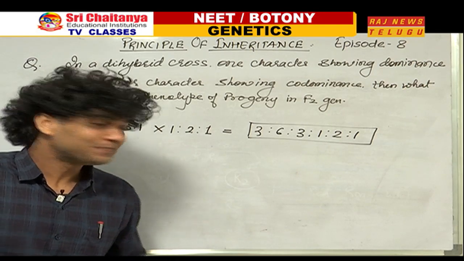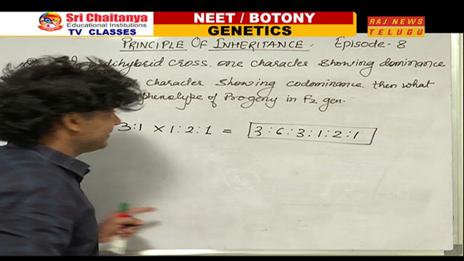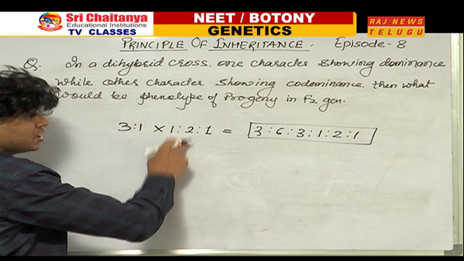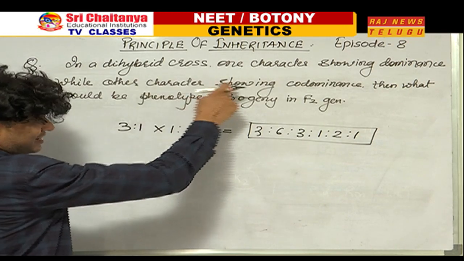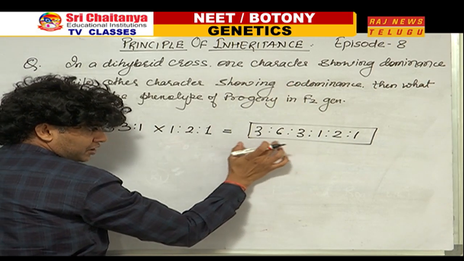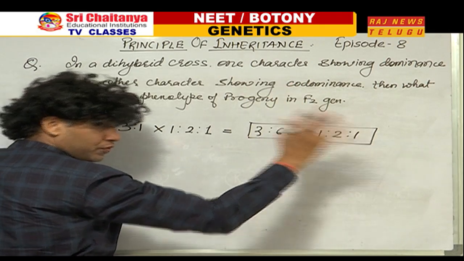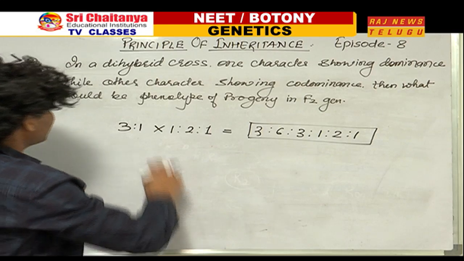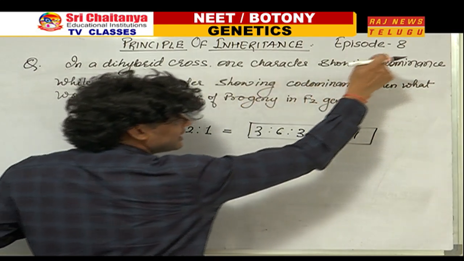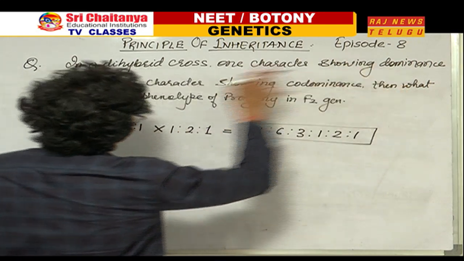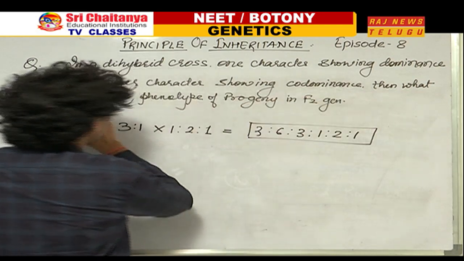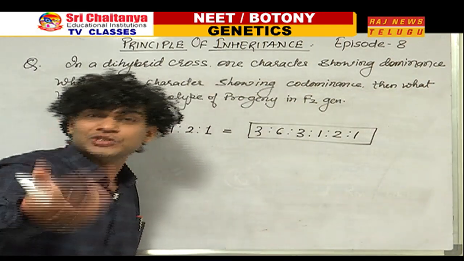dihybrid cross. So answer for this question, that in an F2 generation of the dihybrid cross, the phenotypic ratio for this condition where one character showing dominance and second showing codominance, answer would be 3:6:3:1:2:1. But suppose in this question I mentioned, in a dihybrid cross, one character showing incomplete dominance while the other character showing codominance, then what would be the phenotypic ratio of the F2 progeny?